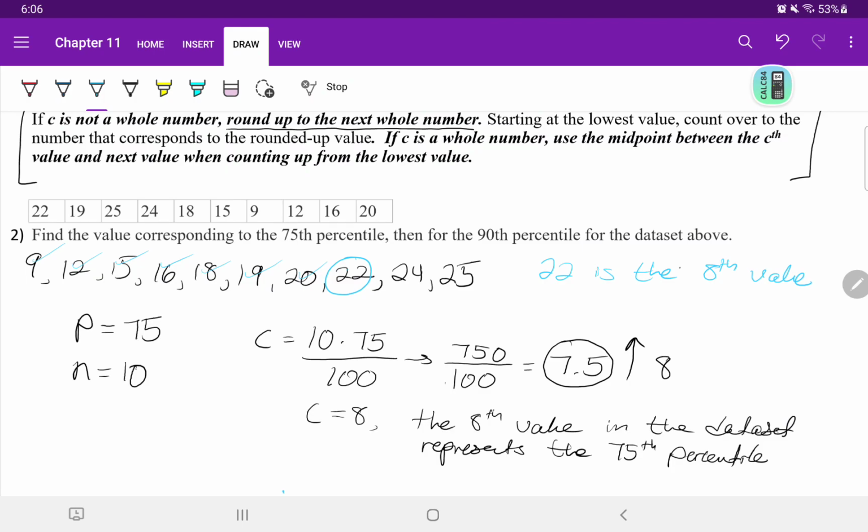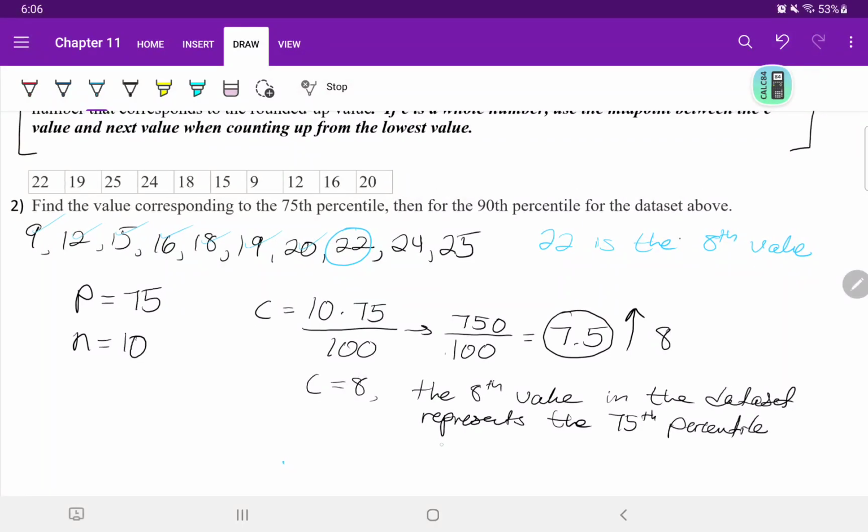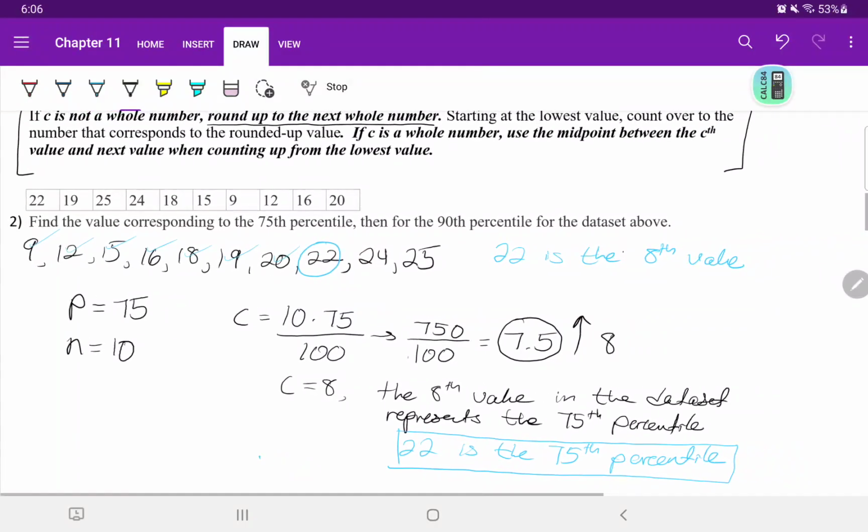Therefore, 22 is the 75th percentile. And that is it for the first part of this question. Let's reset.